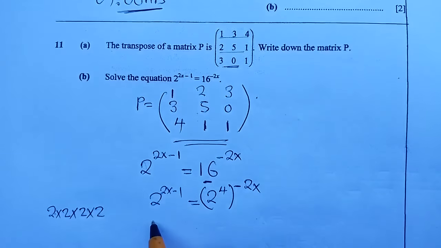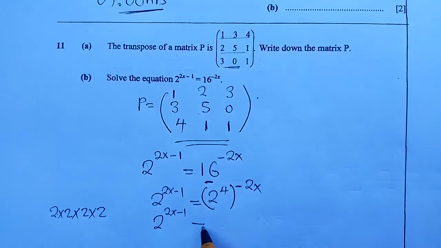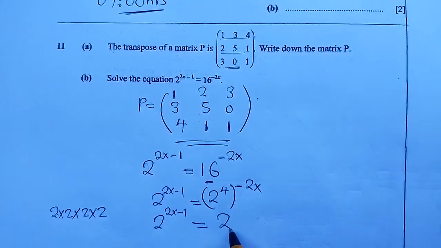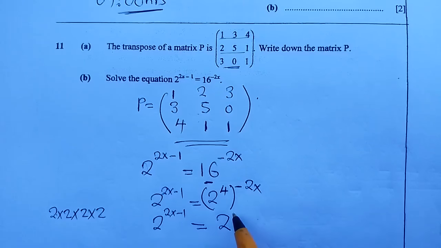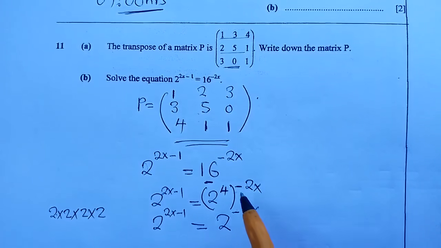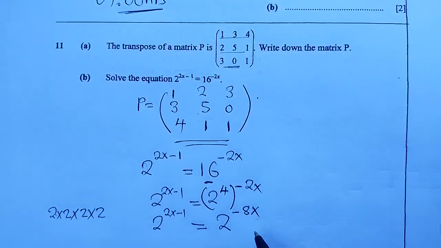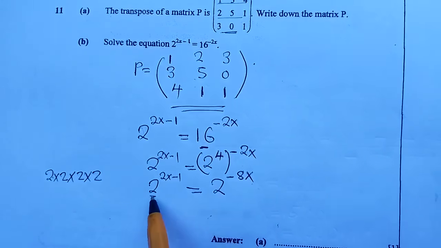So which means 2 to the power 2x minus 1 is equal to 2 to the power, then I multiply 4 times negative 2. I'm going to get negative 8x. Have you seen? You multiply this times that. Now when you reach here, these two are going to equate.